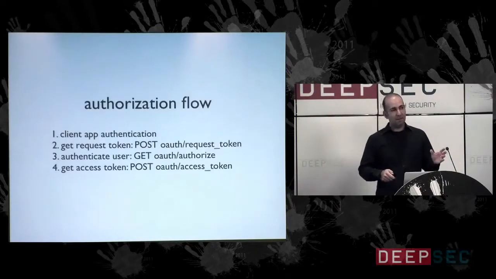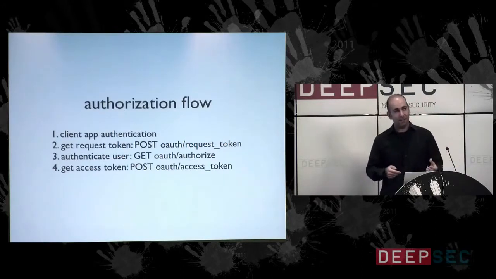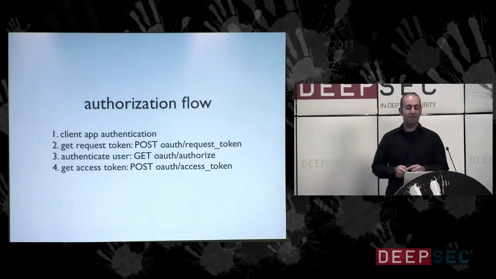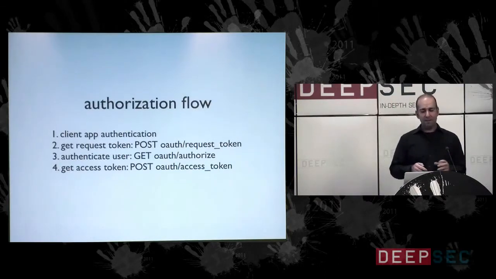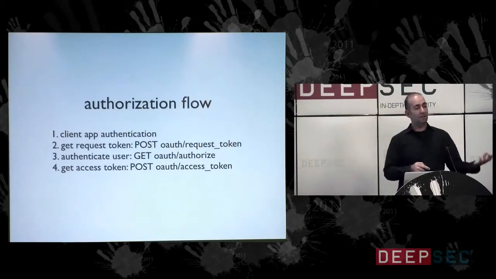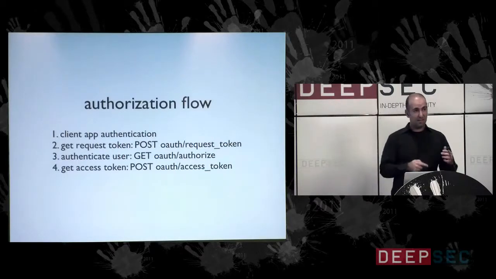A typical OAuth flow is a bit involved, but here we simplified it to 4 separate steps. I'm assuming if you really want to get under the hood, you can do some research and find out all the transactions that are going on behind the scenes. But at a high level, the first thing you do as a third-party client app is authenticate yourself to the server, and you do that with consumer credentials. Once that trust has been established, you get a request token.